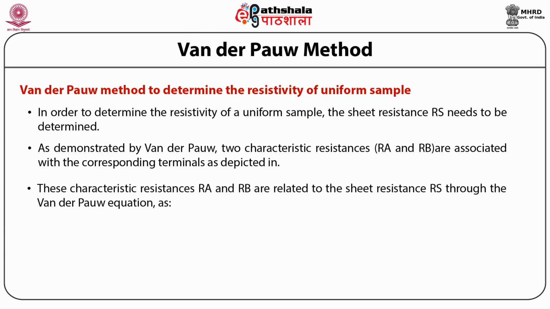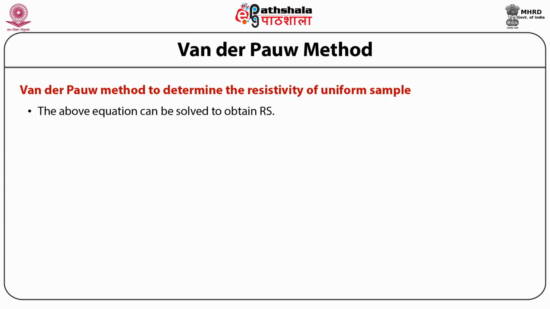These characteristic resistances Ra and Rb are related to the sheet resistance Rs through the Van der Pauw equation: exponential of minus pi Ra divided by Rs plus exponential of minus pi Rb by Rs equals 1. The above equation can be solved to obtain Rs.